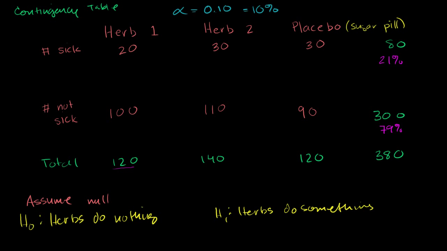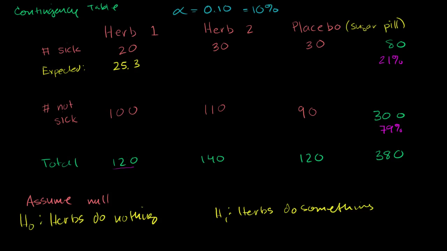So let me write the expected, I'll do expected in yellow. If you assume that 21% of each group should have gotten sick, you would have expected 25.3 people to get sick in group 1, in the ERB1 group. And then the remainder will not get sick.